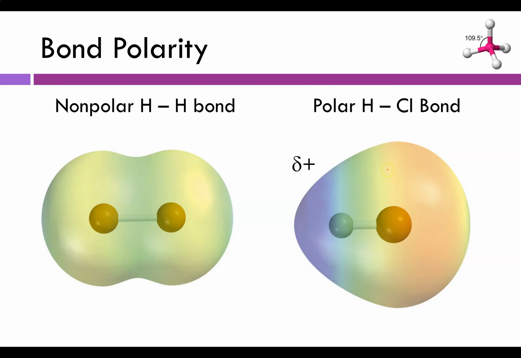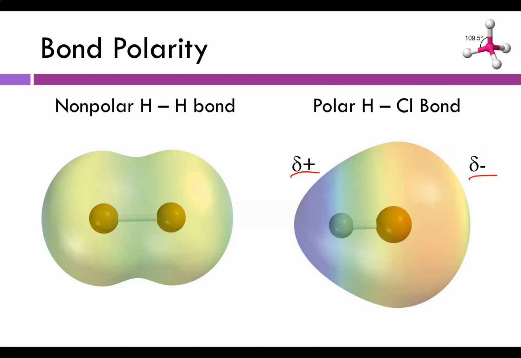Since chlorine is hogging the electrons and pulling the electrons towards itself, and we know electrons are negatively charged, the Cl in this bond, the chlorine atom, is going to have a slightly negative charge or a partial negative charge. Hopefully that makes sense. We're going to be applying this idea of partial positive and negative charges when we look at molecule polarity.